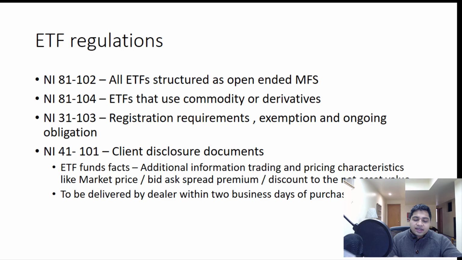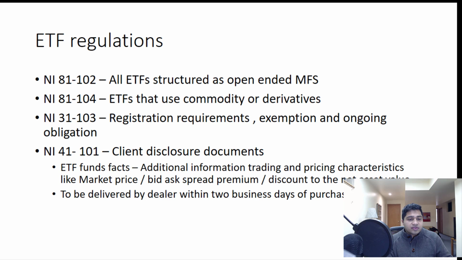Now there is also one significant difference between an ETF and a mutual fund document. A mutual fund document has to be given before the sale is made. An ETF fund facts is to be delivered by a dealer within 2 business days of purchase. The difference is because ETFs are bought on exchanges.